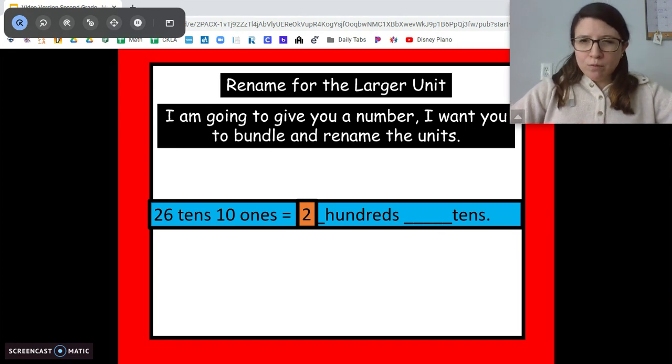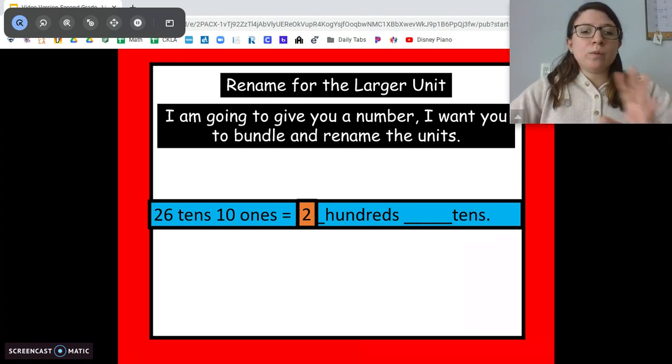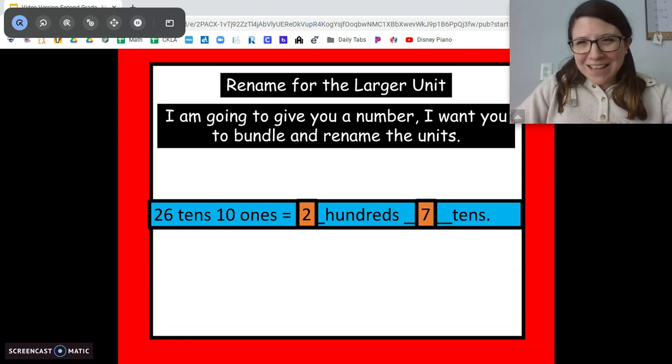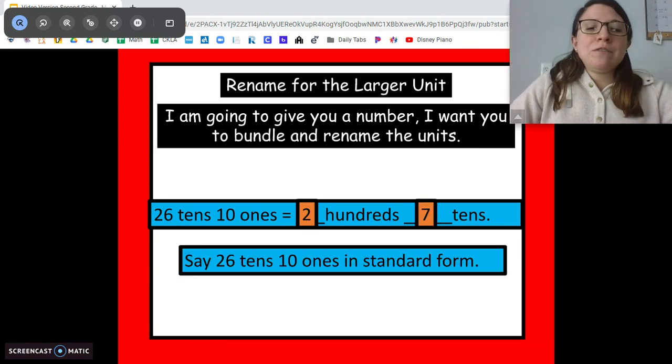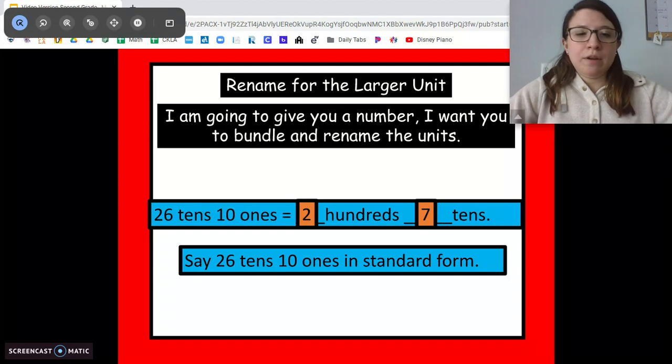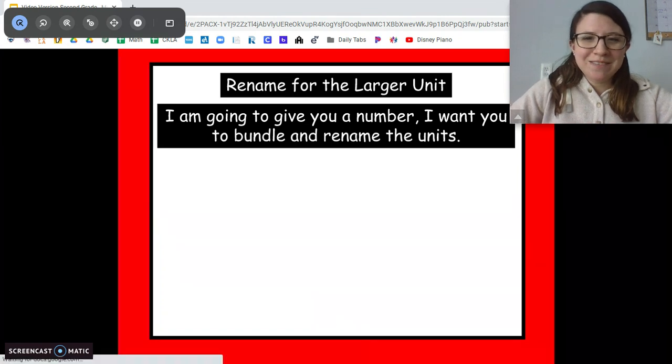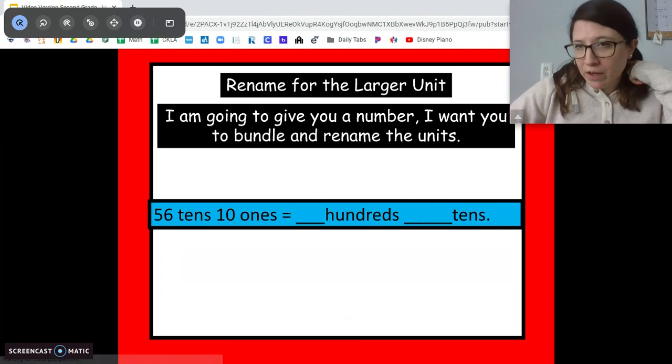But now we have those 10 ones. What does 10 ones equal? 1 hundred 10, right? So we're going to add the 6 plus the 1 is going to give us 7 tens. When we have 207 tens, what's that number going to be in standard form? 270. Nice job.